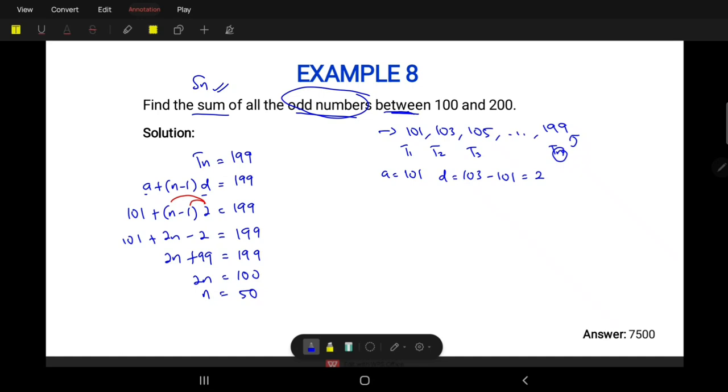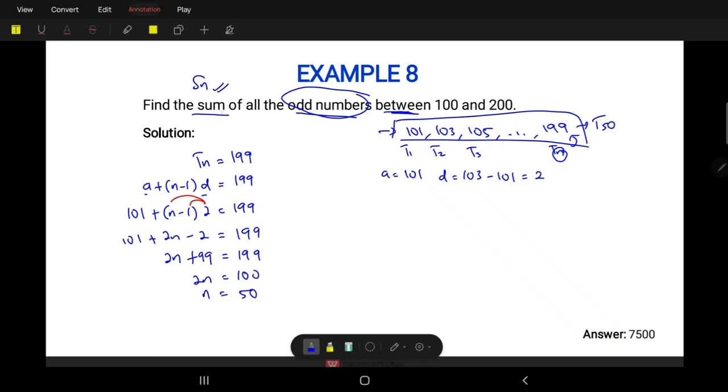Okay, boleh? So kita dah tahu dah. That means 199 ni is the T50, term yang ke-50. That means the total sequence has 50 terms.